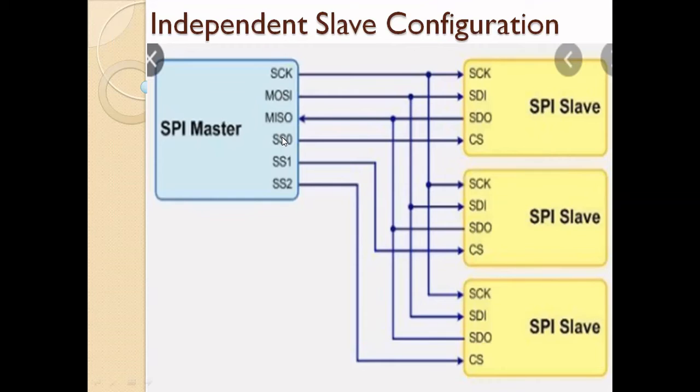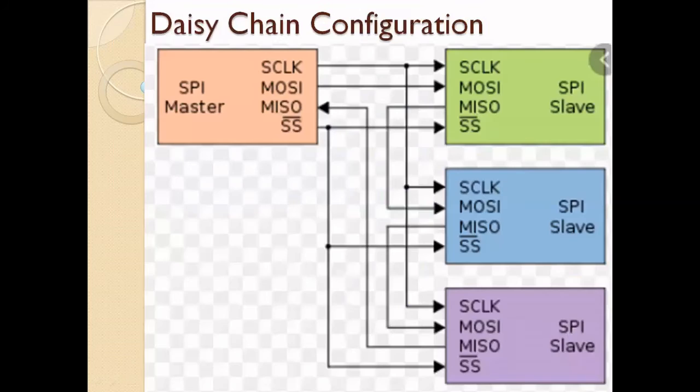Or suppose I want to transfer the data to all 3 devices, I enable slave select 0, 1 and 2, and all 3 devices will receive the data. Or if I need the third device, I will select the third device. This is called the independent slave configuration.